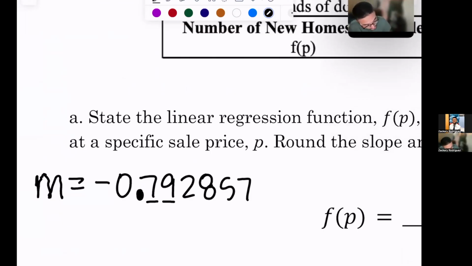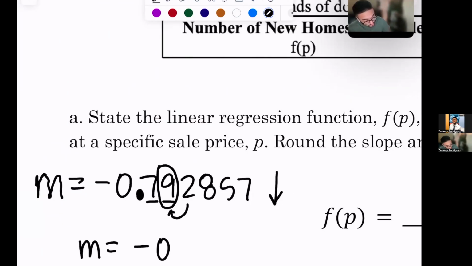We're rounding to this place, so you can circle it, you can underline it. The number after tells us whether to round up or down. Since 2 is smaller than 5, we round down, meaning we keep the 9 the same. Our final value is m equals negative 0.79.